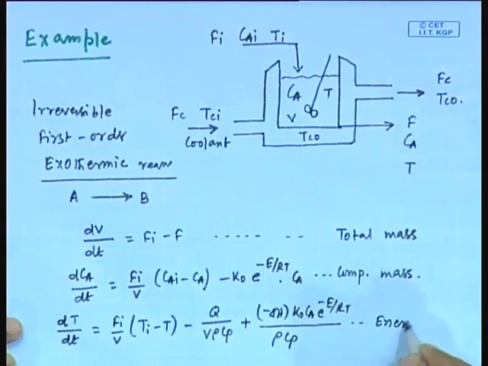This equation we got by performing energy balance. You see, all these 3 equations are state equations, because these equations have been derived by the application of the conservation principle on fundamental quantities.